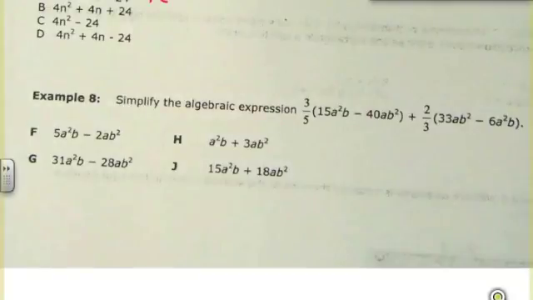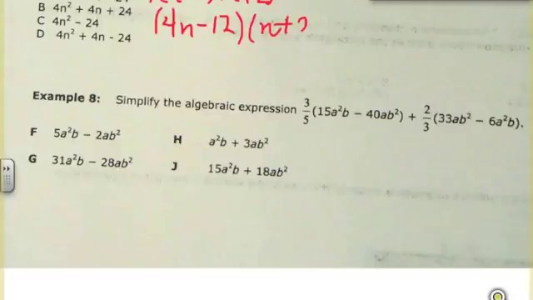Last time I multiplied the n minus 3 times the n plus 2 first. This time, let's distribute the 4 first. We'll get the same answer as long as we do it correctly. So 4 times n minus 3 is 4n minus 12, and then I'm going to multiply that times n plus 2.